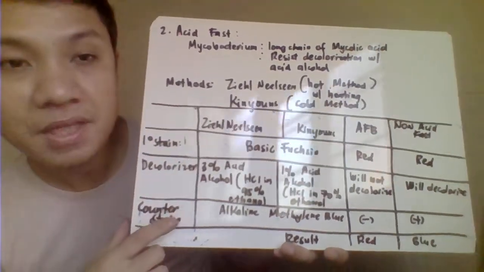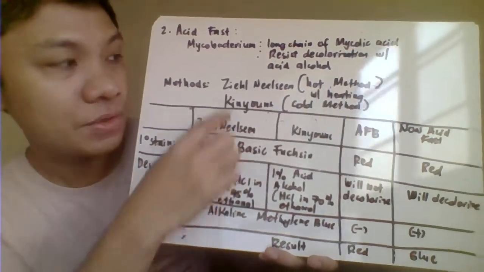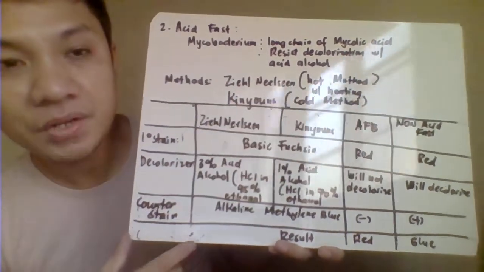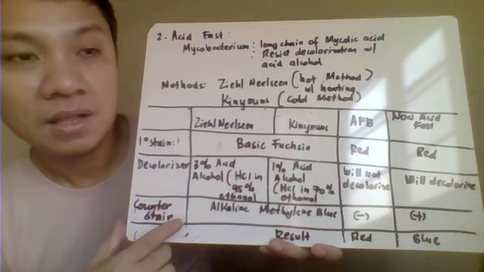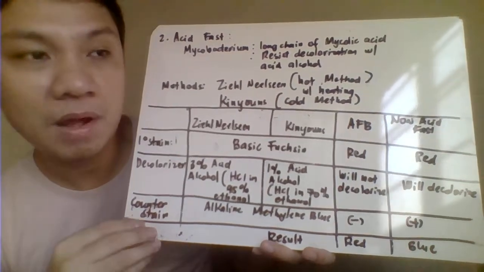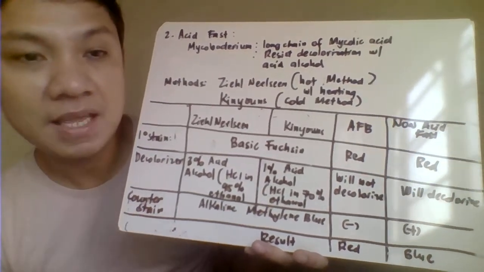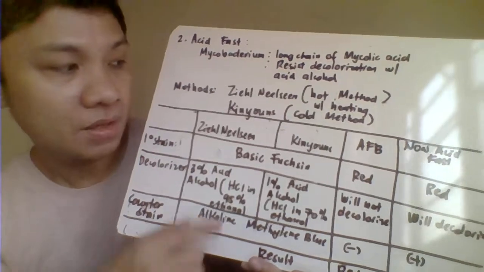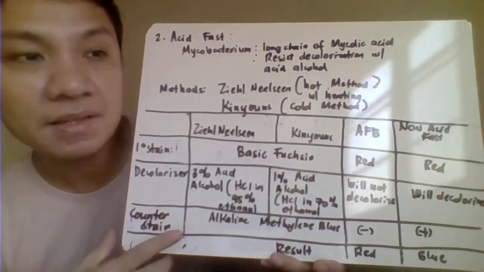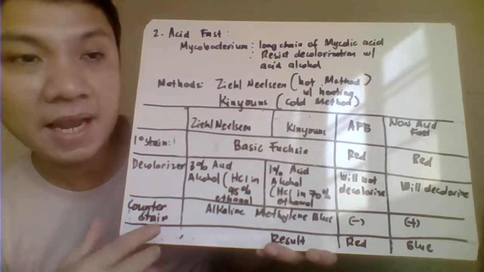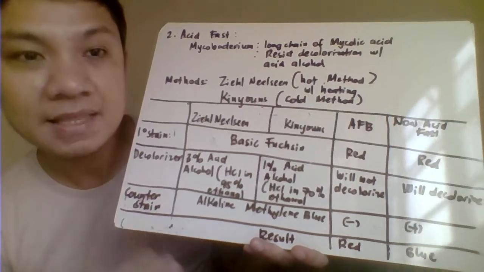Okay, there are two methods for your acid-fast. One is your Ziehl-Neelsen. We consider that your hot method, because when you apply the stain, you heat it. The Kinyoun, on the other hand, is a cold method wherein no heating process is applied.